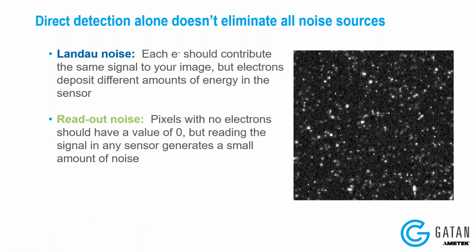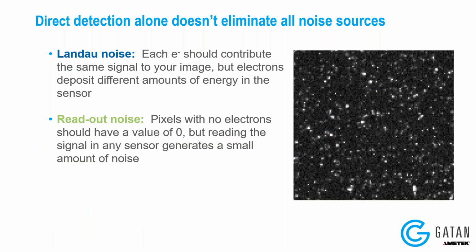It's small. It's actually very small compared to the signal from electrons here, but it's not zero. And if you were only reading out one time, this would not be a problem. But as you start to read out hundreds or thousands of times, you start to accumulate more and more of this readout noise. And this becomes a problem, even for direct detection cameras.